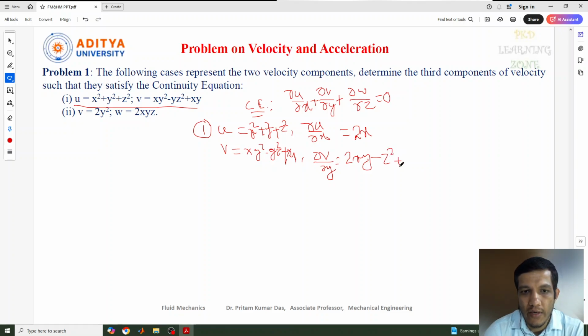And finally xy gives only x, because del y by del y is 1 and x is constant, taken outside.